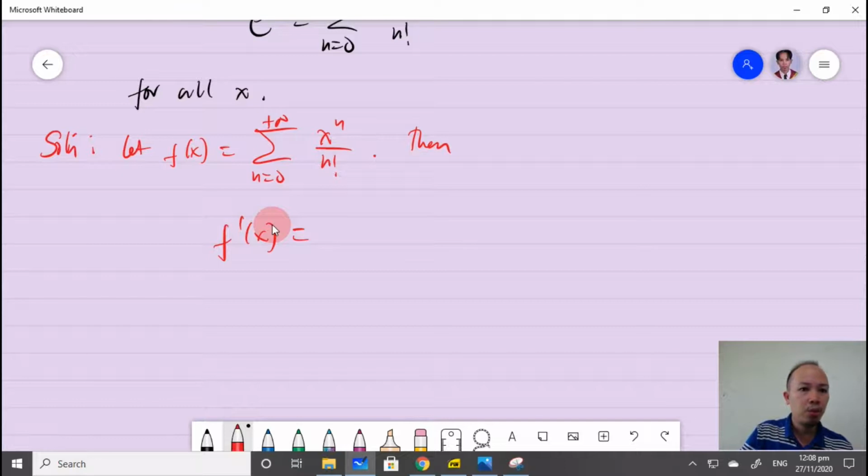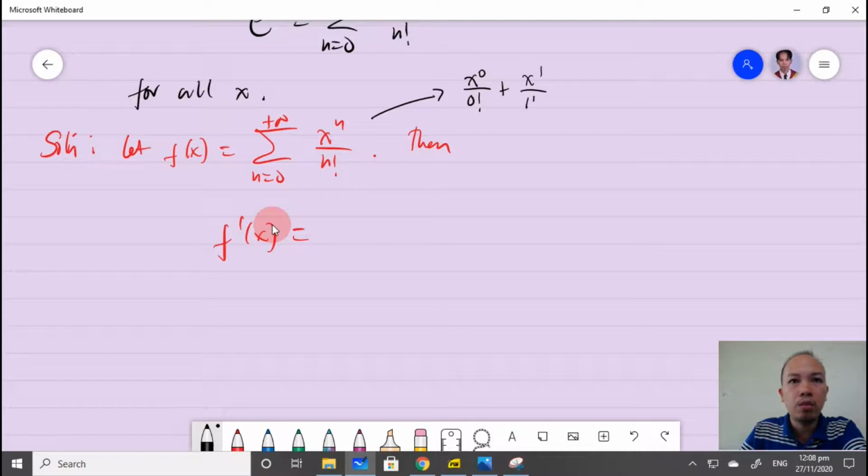we know that if we expand this, the expansion of this series, when n is equal to 0, is x to the 0 over 0 factorial plus x to the 1 over 1 factorial plus x to the 2 over 2 factorial plus x to the 3 over 3 factorial, and so on, up to x to the n over n factorial.